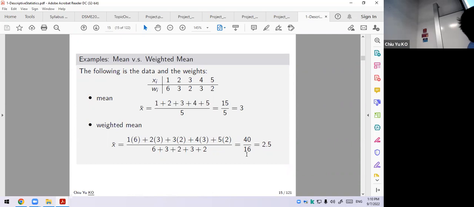In this example, again, we have 1, 2, 3, 4, 5. We're weighting: number one has a weight of 6, and the others are 3, 2, 3, 2. The simple average is the same as before, but for the weighted mean you multiply each observation by its weight, and so on and so forth, divided by the sum of the weights. You can see this weighted average is smaller than the raw mean.